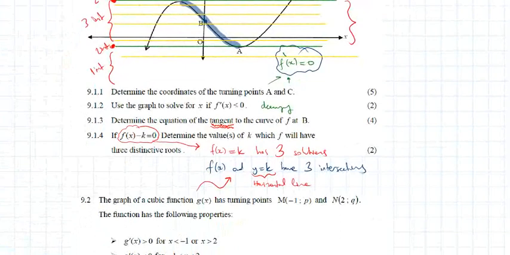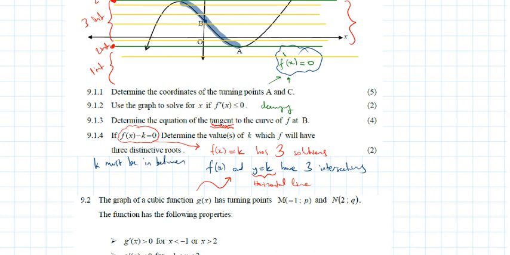K must be in between the y coordinates of turning points, basically A and C, in their interval. Okay, so that is my answer for K. That's my interval for K.